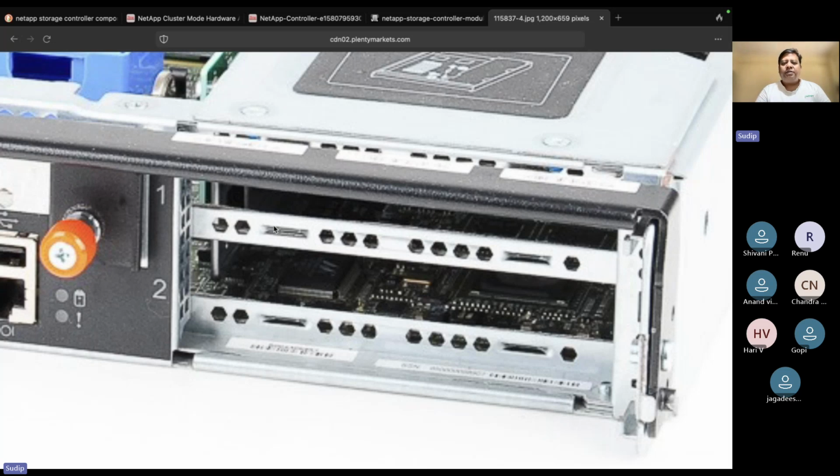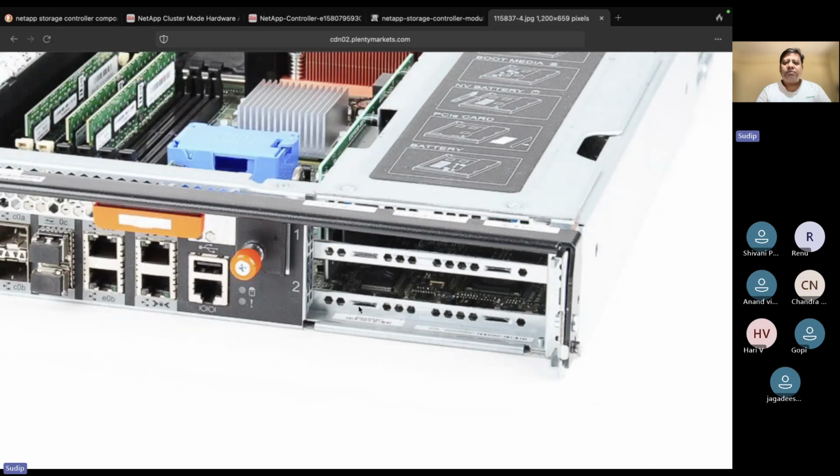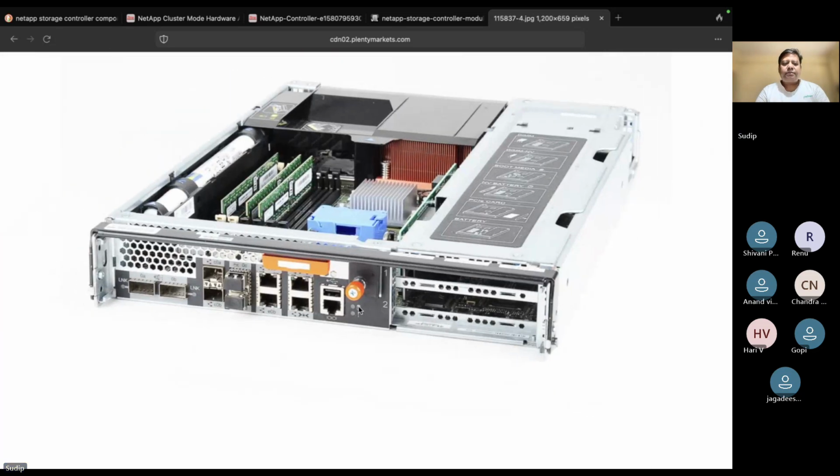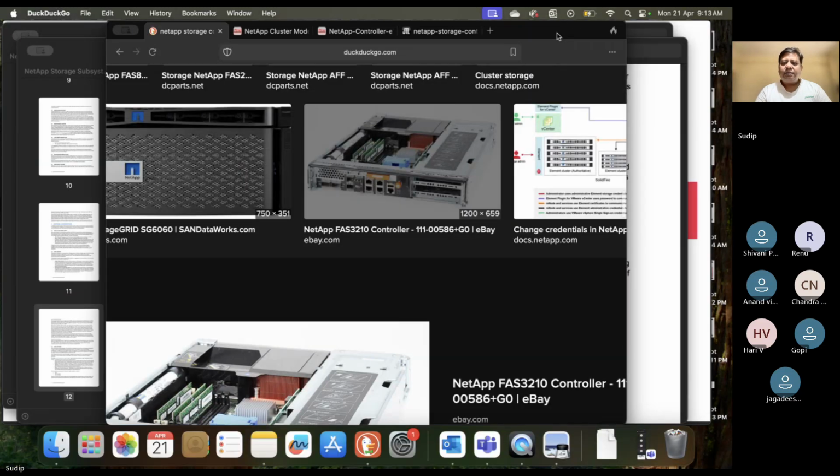Those network cards can be placed in these slots, slot 1, slot 2. There are two slots. And this is exactly how a storage system looks like. Any questions? Anything that you did not understand?